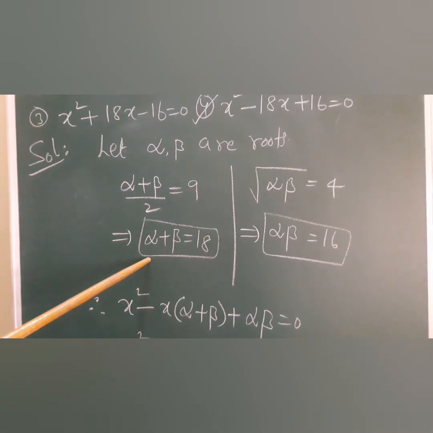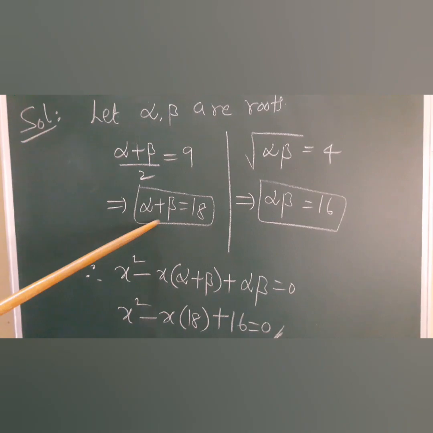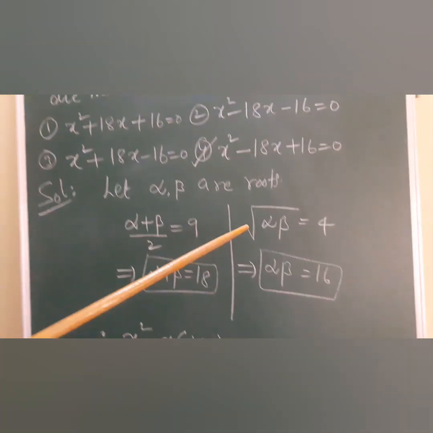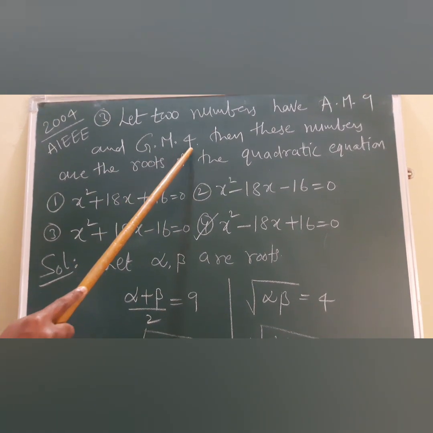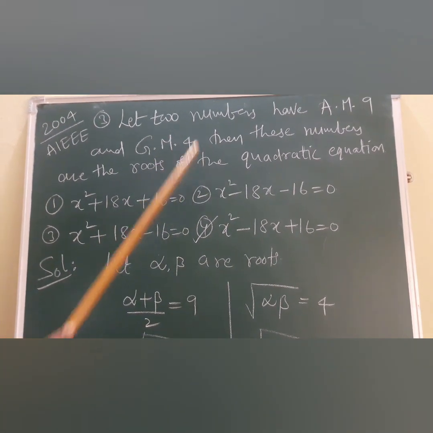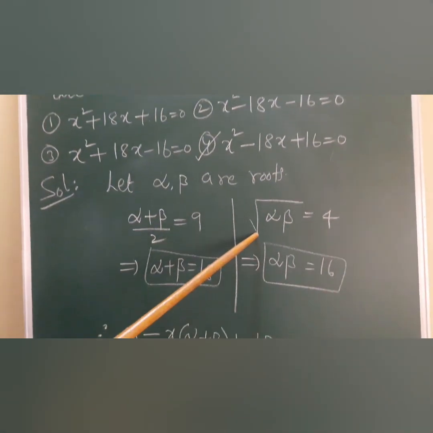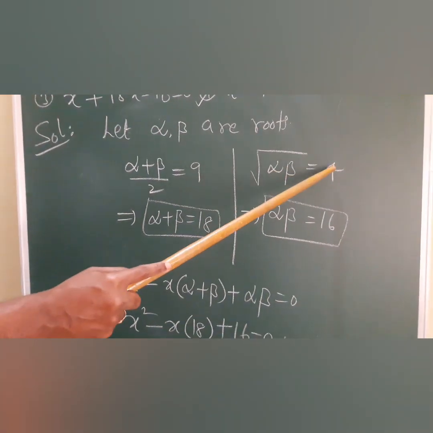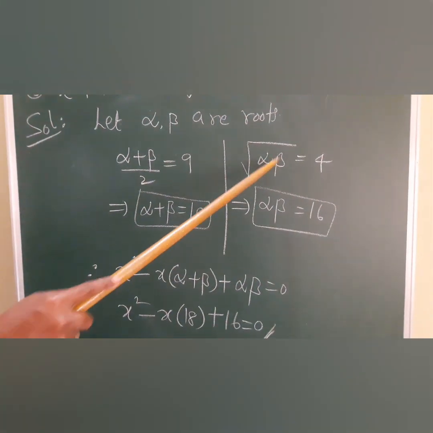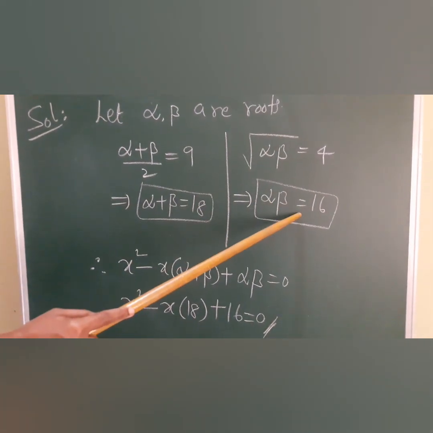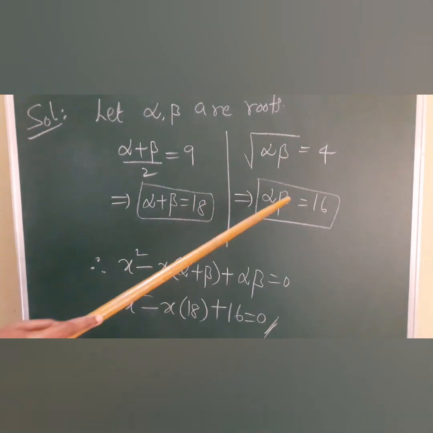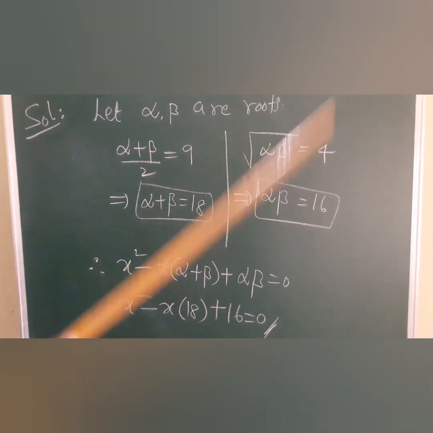Sum of the roots is 18. Similarly, the geometric mean is given as 4. Geometric mean means under root alpha beta is equal to 4. Squaring on both sides, we get alpha beta is equal to 16. This is the product of the roots.